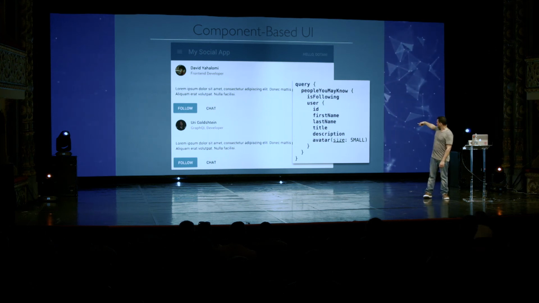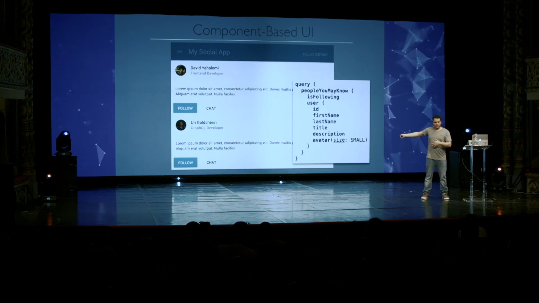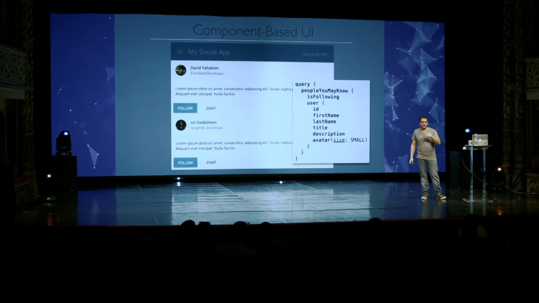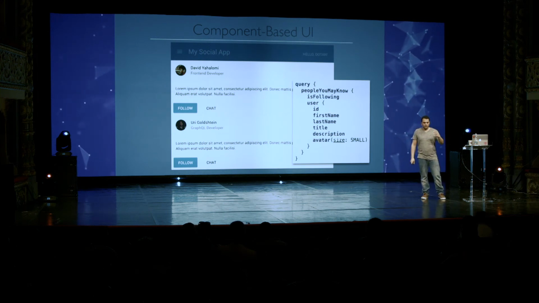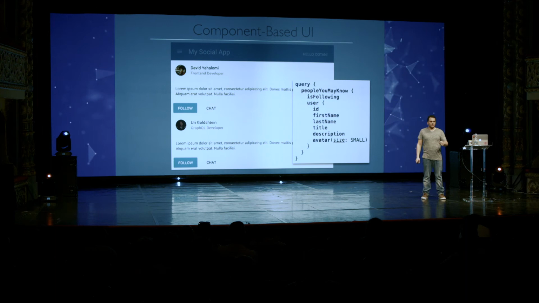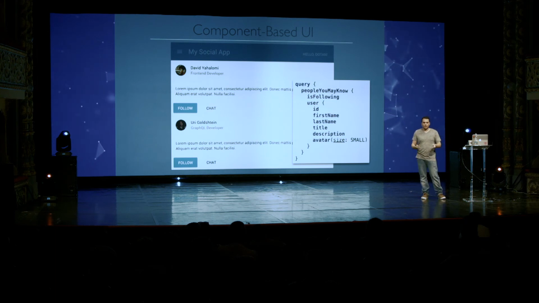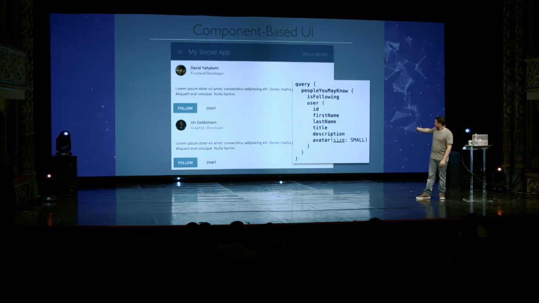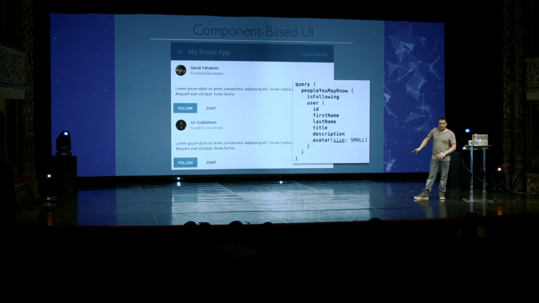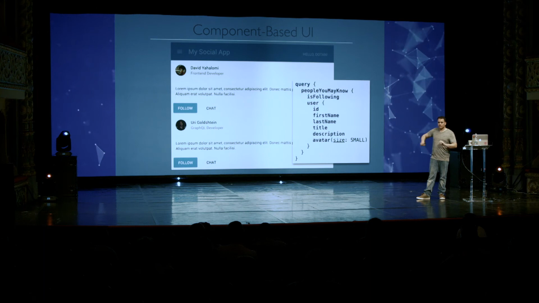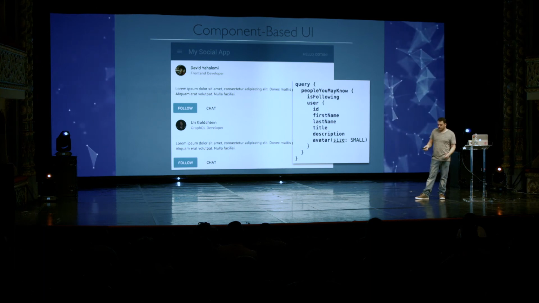So we also ask this from the server, and we ask for specific data about the user. Probably the user has a lot of fields, because a user object usually contains more than just this list, but these are the only fields that we need to display this list. So we don't need to send more data over the network.